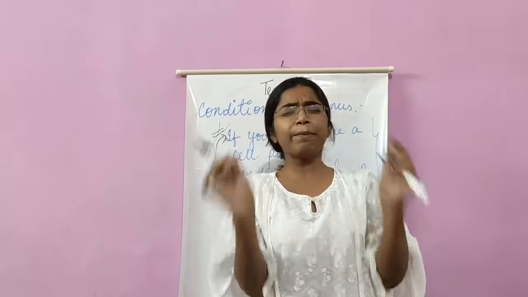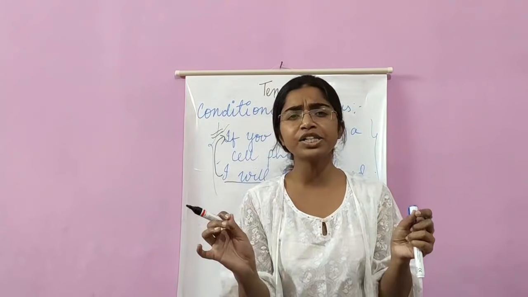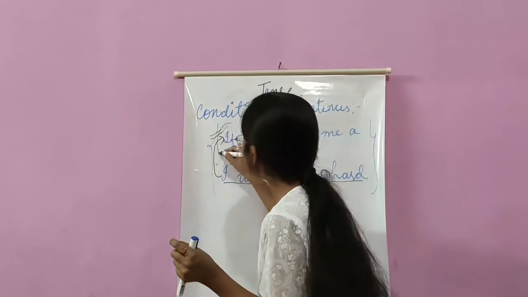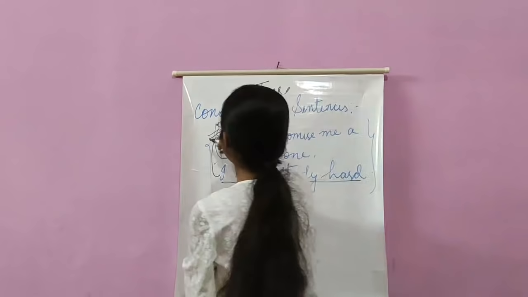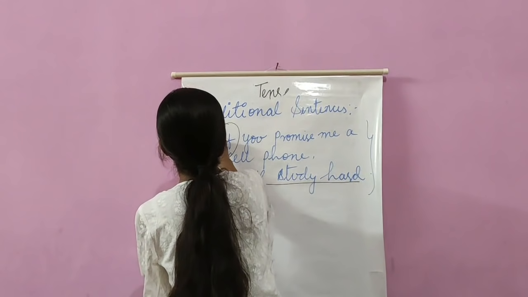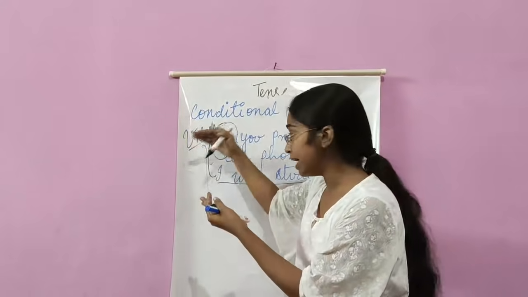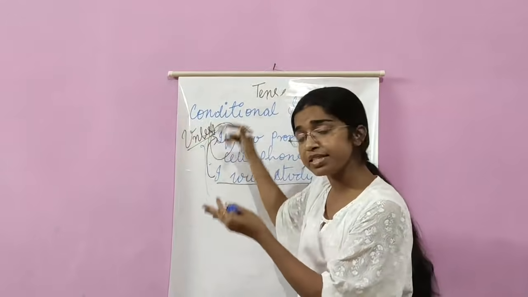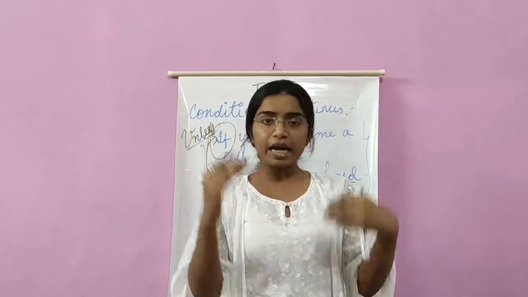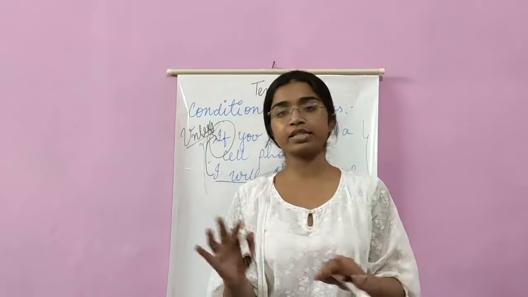The very basic thing by which you can identify a conditional sentence is if you see if or unless. If you find either of these two words in a sentence, understand that it is a conditional sentence.